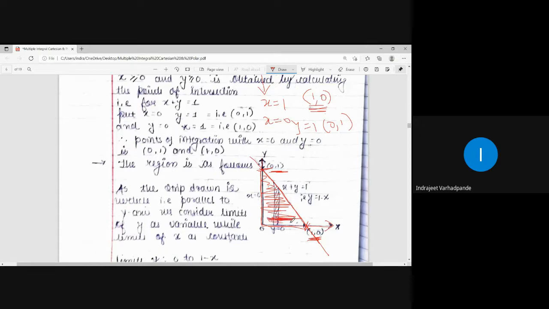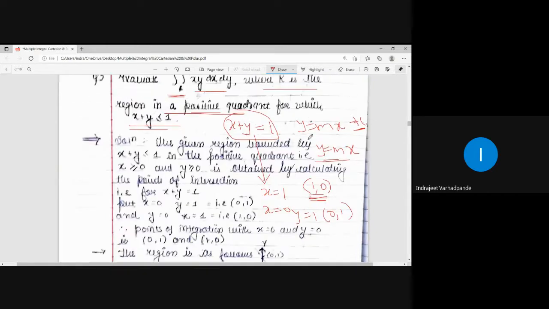So this is particularly the region of integration in which I have to evaluate the given integrand. Is this point clear? So from the given data, I will first generate the region. Now, how in the case of a line am I generating the region? By finding out the points of intersection.